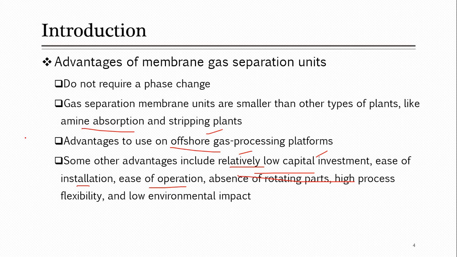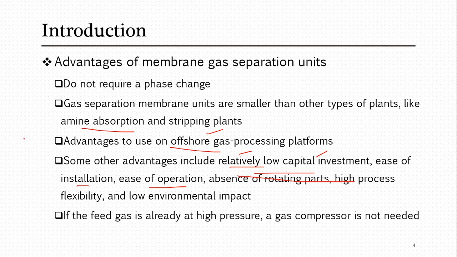This problem can be overcome, or sometimes avoided, if your feed gas is already at high pressure and you don't need to compress it again. Definitely there will be compressor cost, but if you compare all this based on cost with other technologies, as we have discussed in the last point, membranes are still advantageous as compared to the other techniques or technologies.